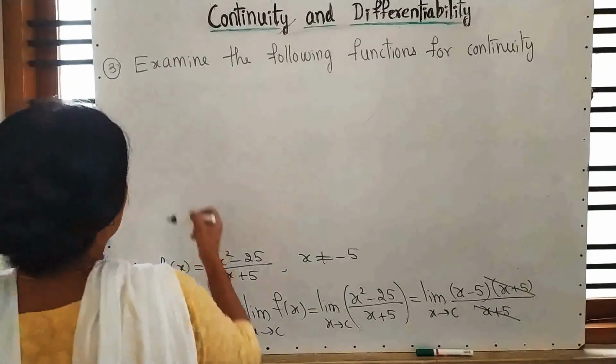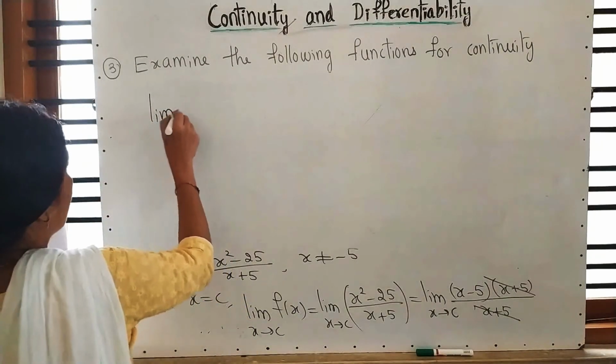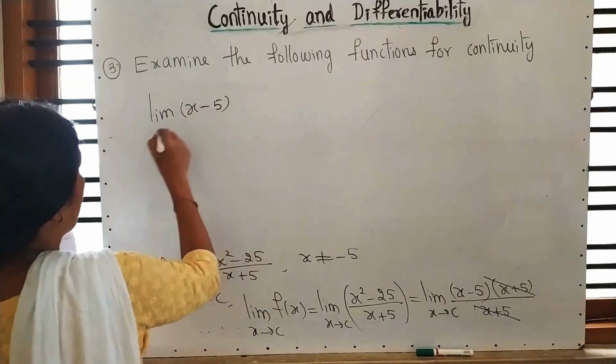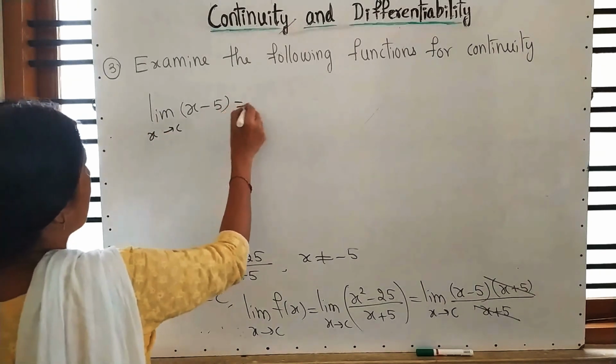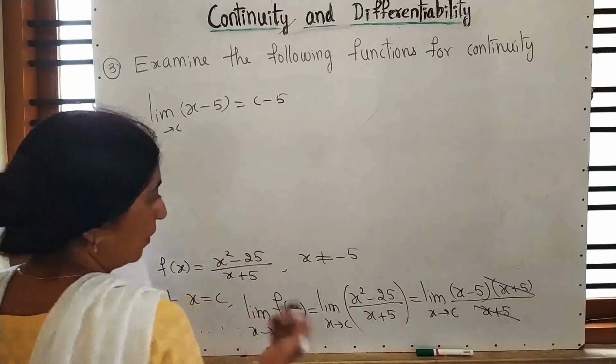What is remaining? Limit x minus 5 as x tends to c. That is c minus 5. Again you know that c minus 5 is a constant.